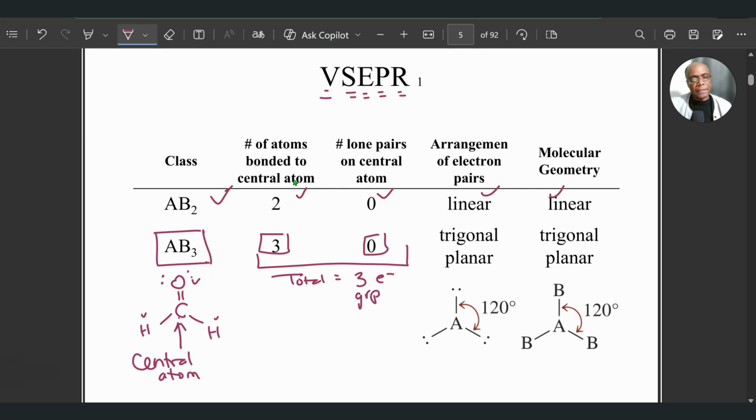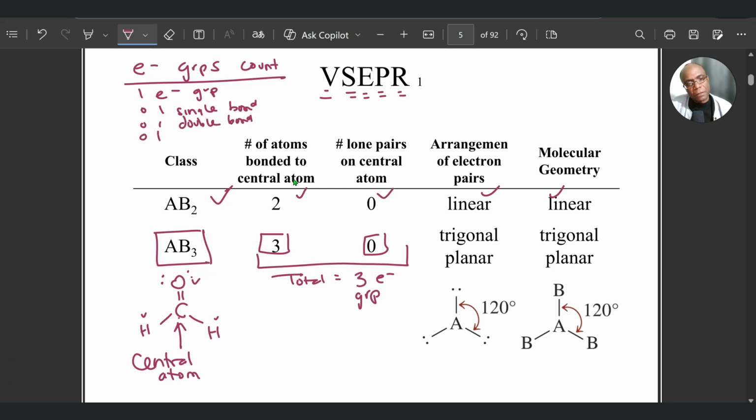Now, specifically, again, if you're counting electron groups, like I said, one electron group, I'll keep repeating myself, is one single bond. One double bond, a triple bond, and one lone pair of electrons that's not bonded, if not in resonance.